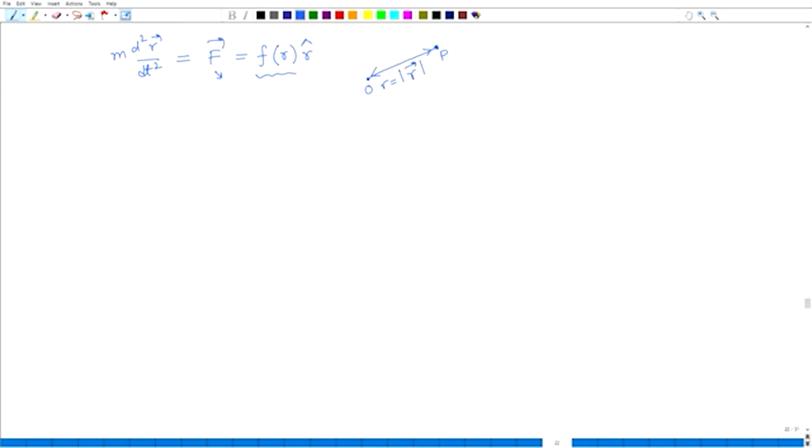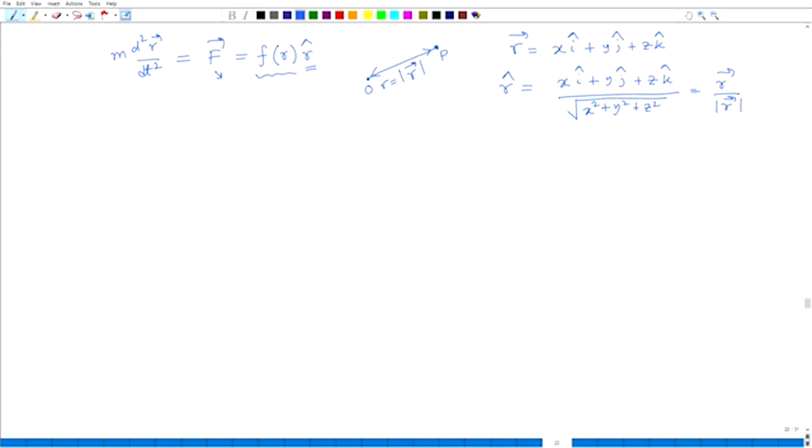The r cap direction is the direction which joins O to P. This is known as the unit vector along the position vector or radius vector r, where we all know r is once again x i cap plus y j cap plus z k cap. So, what is the r cap vector? This is nothing but x i cap plus y j cap plus z k cap divided by root of x square plus y square plus z square. That means the whole vector is divided by its modulus, so r cap is nothing but r vector by r vector modulus.